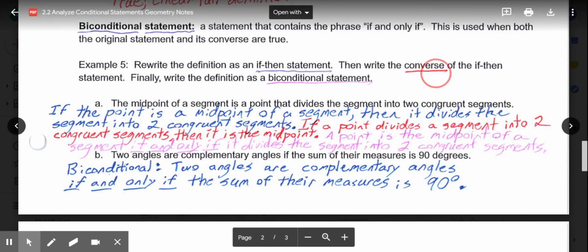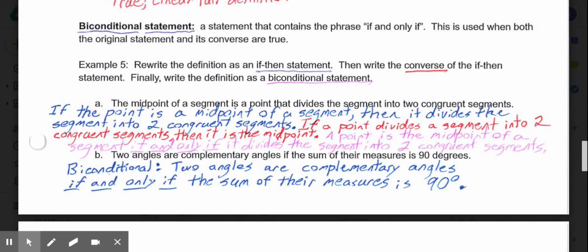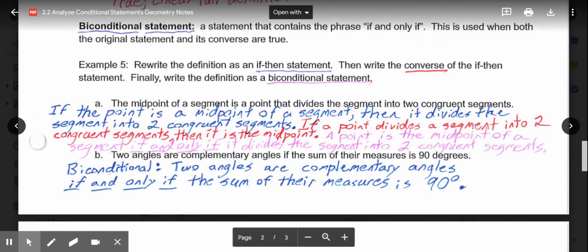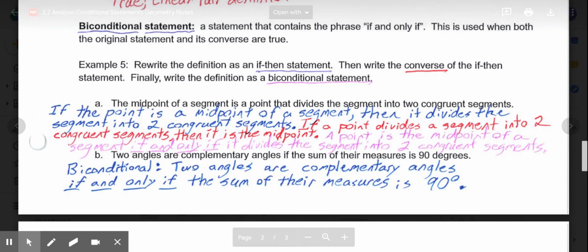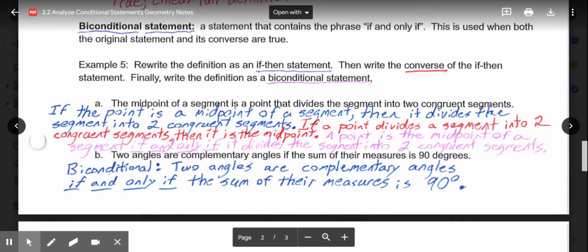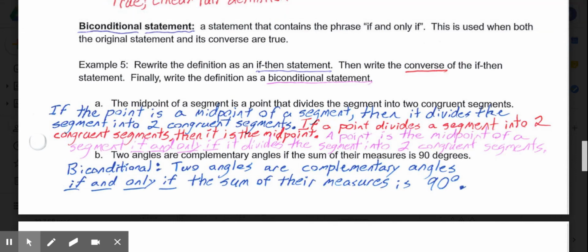Then the next part of the directions asks for the converse. So our converse would be flipping the conclusion and hypothesis. So our converse in A, if a point divides a segment into two congruent segments, then it is the midpoint. Both of those are true, so we can write a biconditional.